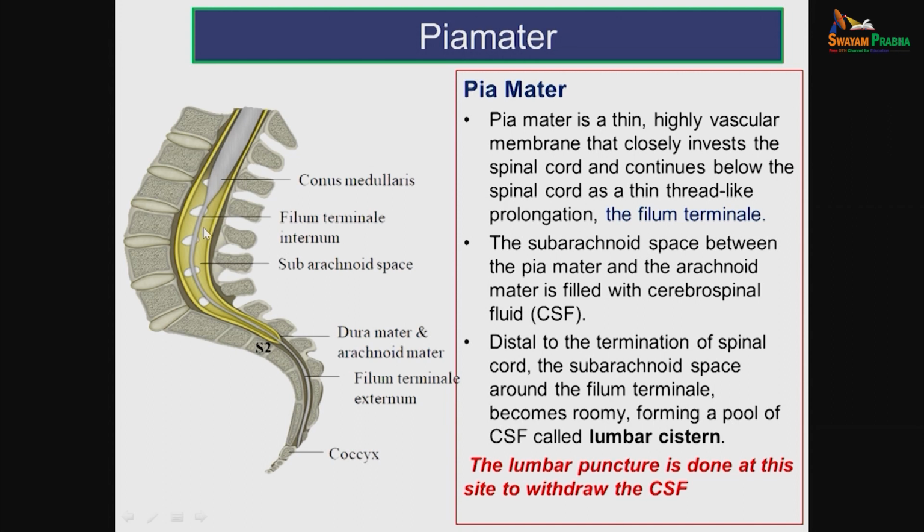Please have a look at this picture where you can see that beyond the termination of the cord, the subarachnoid space around the filum terminale is roomy, and hence the pool of CSF is seen in this place. This is called the lumbar cistern. It is the preferred site for lumbar puncture to withdraw the CSF.